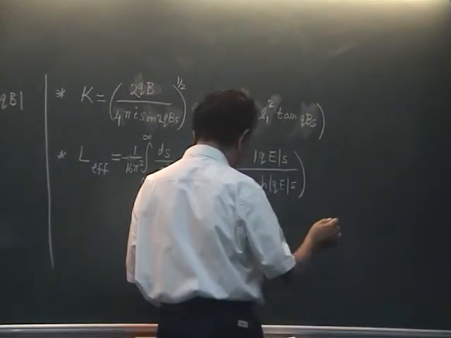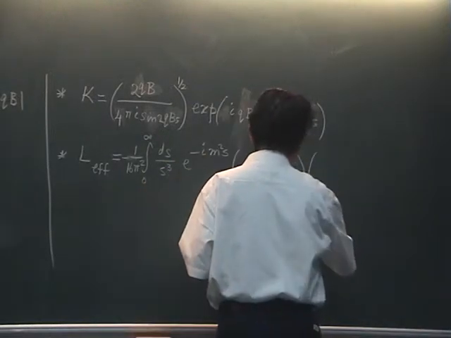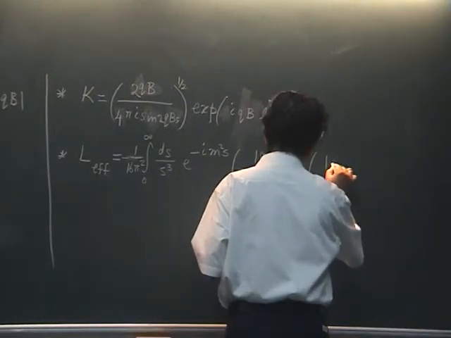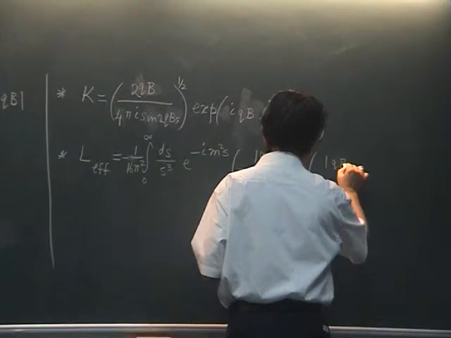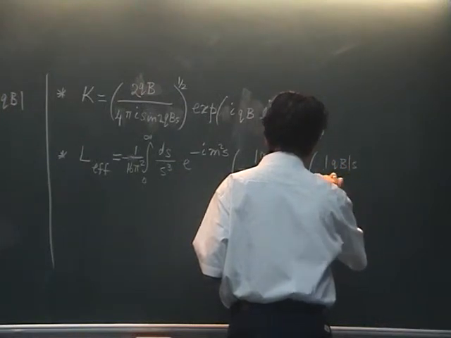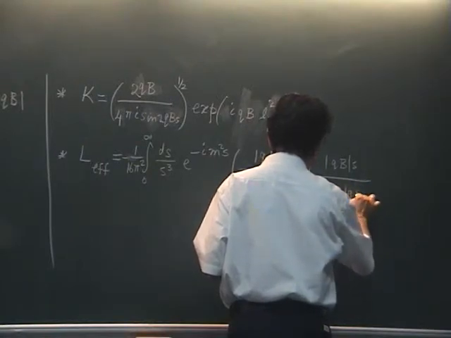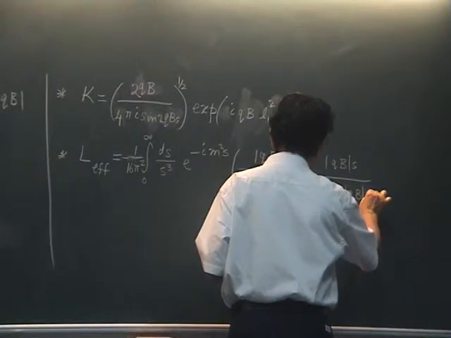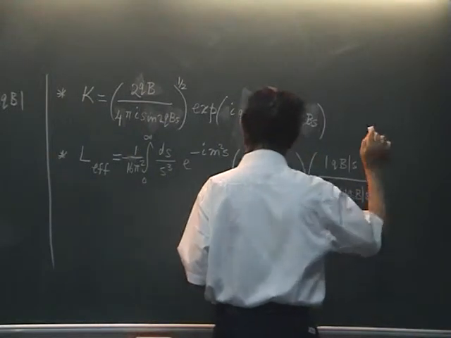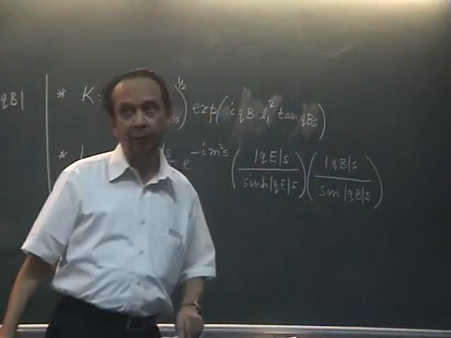Then you will get a factor which comes from the magnetic field, which will be QBS divided by sine QBS. This is what we have.